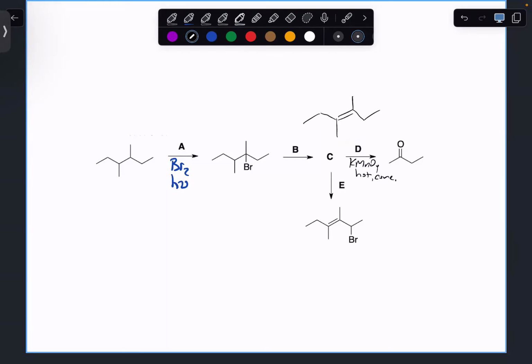What reagent can I use to take this and make it into that? Well, that's an old one, a unit 3 one. I'm putting a bromine in the allylic position. Sounds familiar. An allylic bromination.